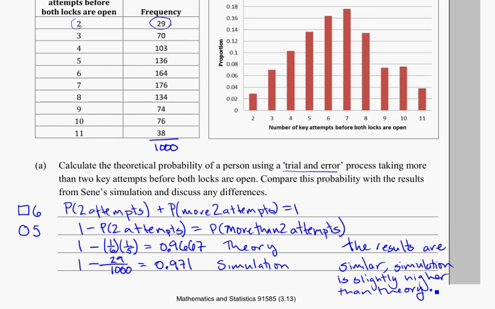So it could be that, because again, she's doing this simulation to try and figure out if it's possible her friend did it by trial and error. So the theory for more than 2 attempts is matching pretty well to the simulation of more than 2 attempts. So her model, remember she's had to create a model to do this simulation, is seeming to match at least this part of the theory pretty well.